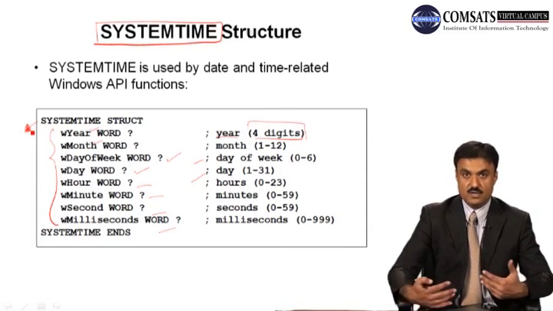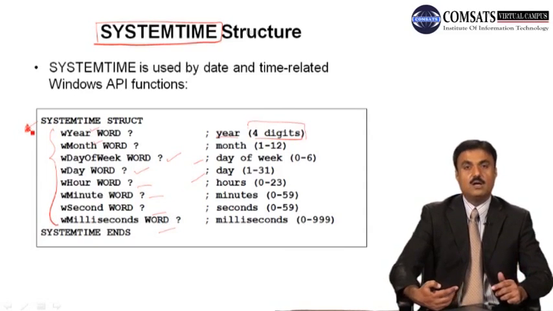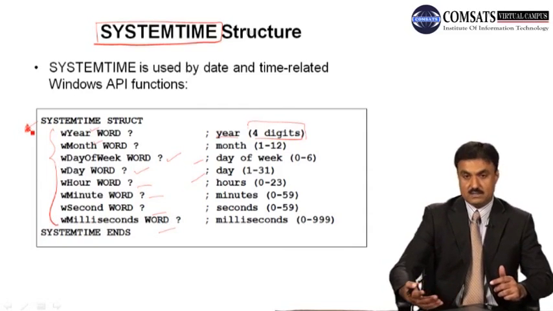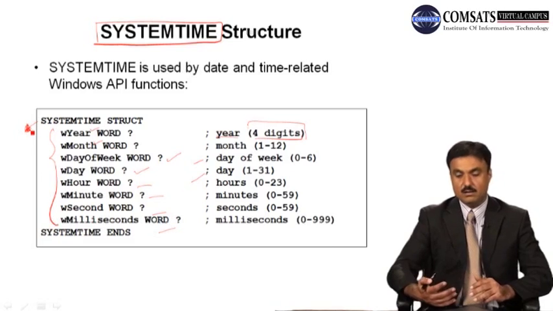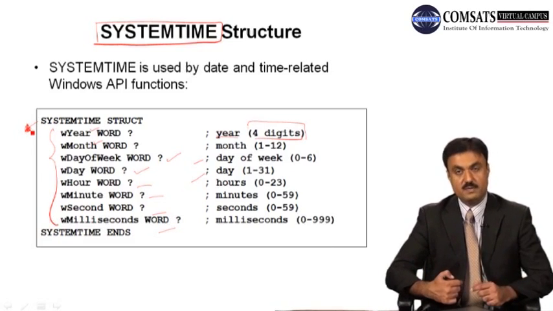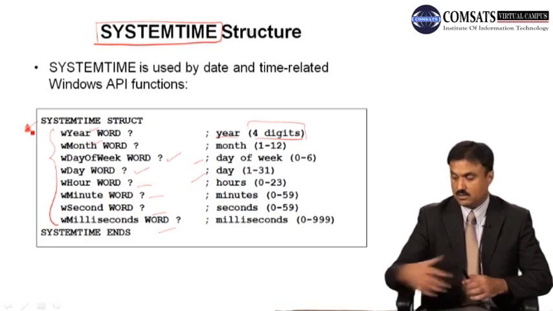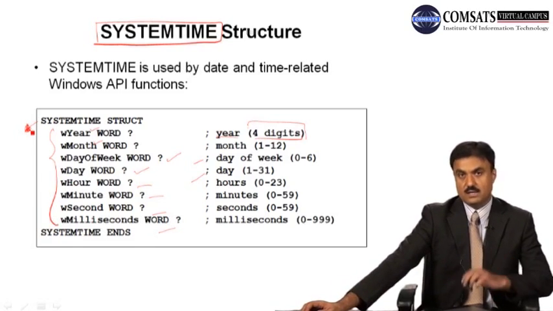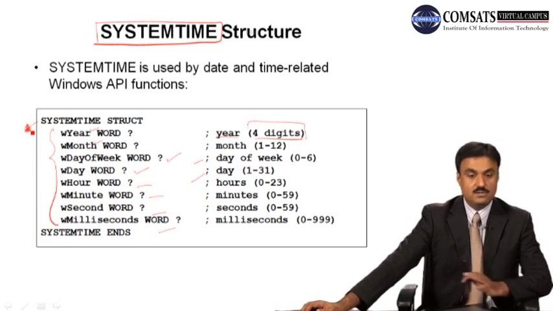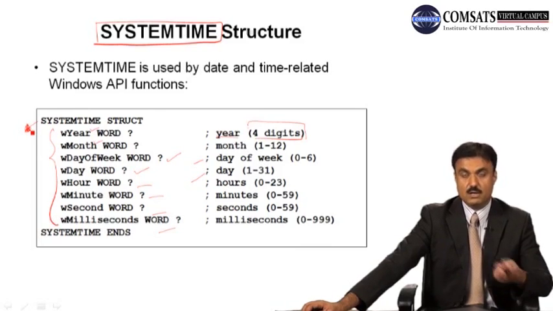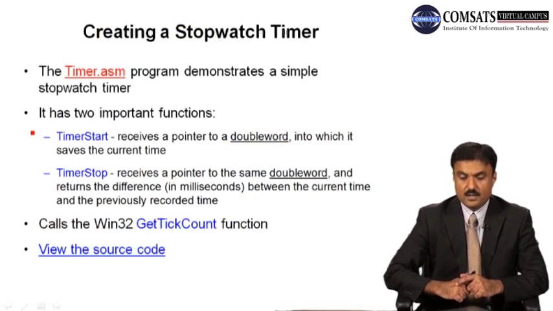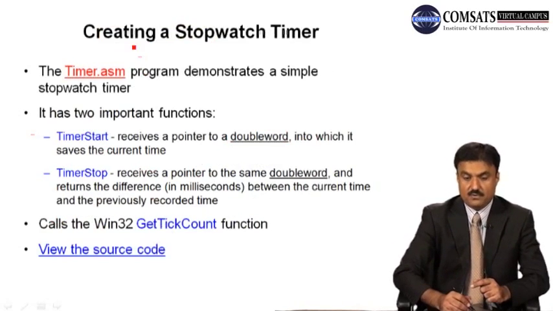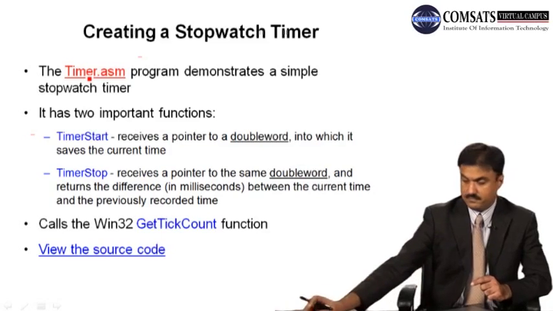The book which we are using as a reference book or textbook for assembly language has libraries, and all these libraries have these predefined structures in their include file. So if you use that include file, you don't need to define these structures. You can directly use them. So here is, if you want to create a stopwatch timer.